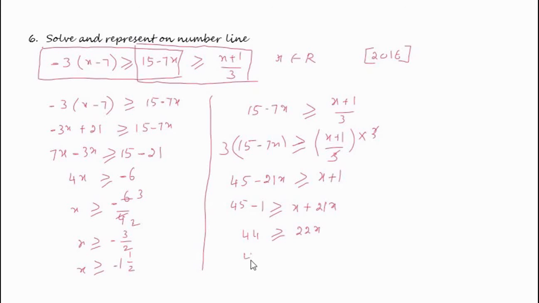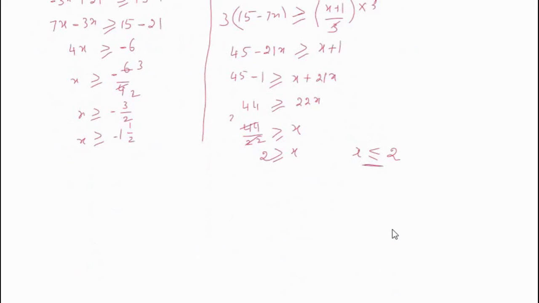So it is 44 divided by 22 greater than or equal to x, or this is 2 times, so 2 greater than or equal to x, or we can also write this as x less than or equal to 2. These are the two solutions.